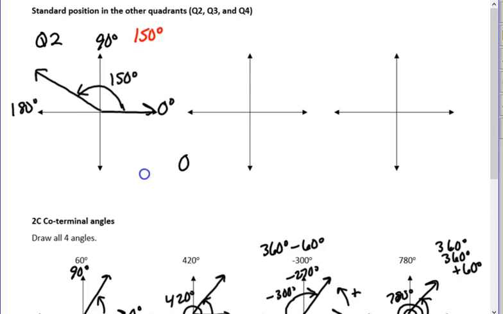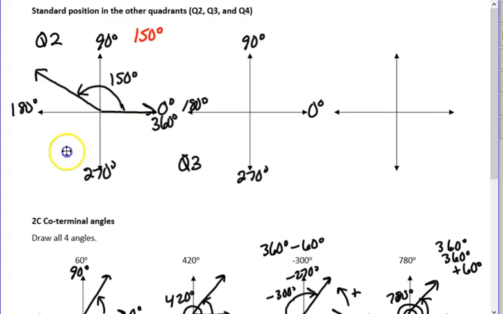If I go to quadrant 3, then I am looking at an angle that is between 180 degrees and 270 degrees, because this is 0 and this is 90. Realize if we go all the way around, we're going to have a 90 degree angle, another 90, another 90, another 90, so 360 all the way around. And if we look at an angle from 0 to 180, that's a straight line.